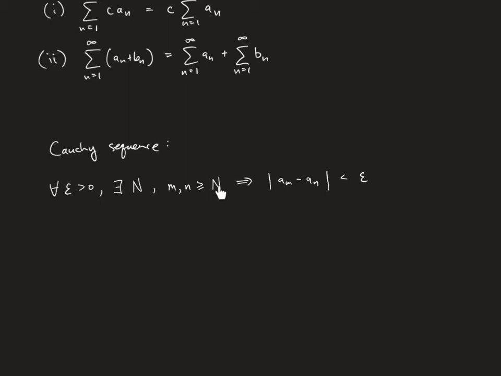So once you go out far enough past this point in the sequence, the terms of the sequence are getting arbitrarily close to each other.